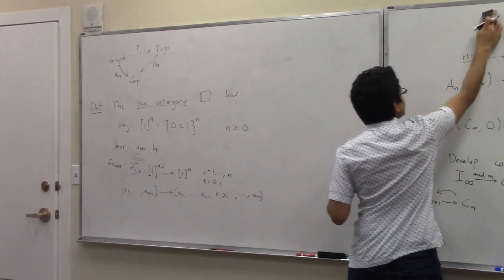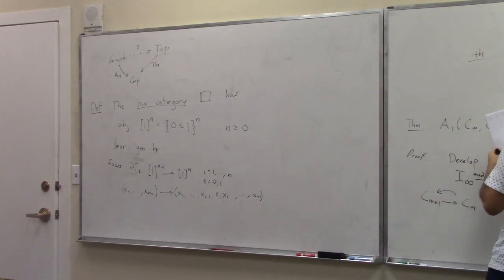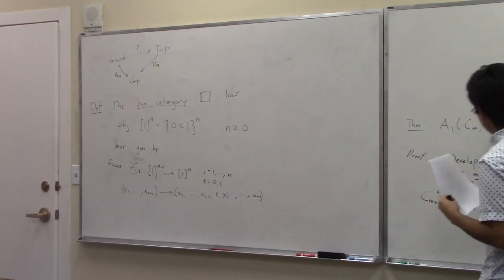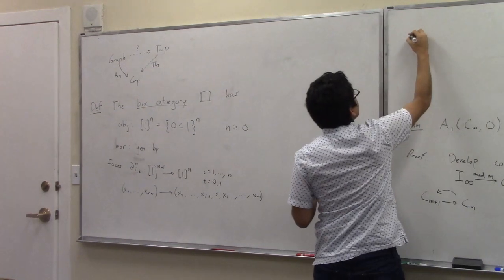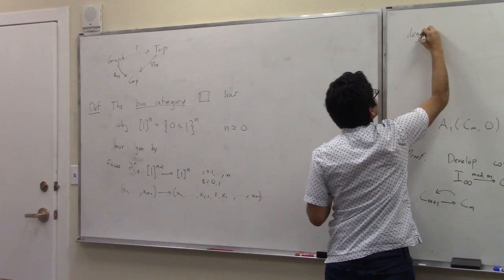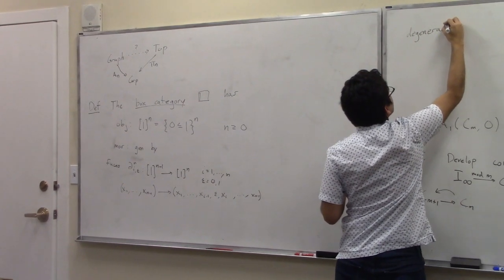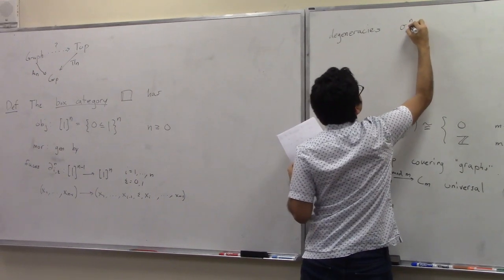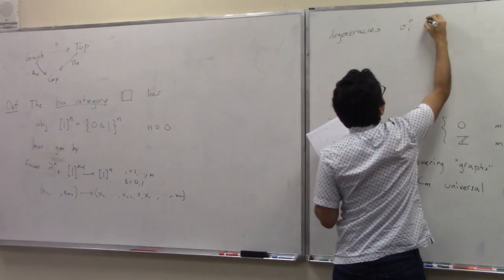So I need faces. I also need degeneracies. And these are written σ_{n,i}.